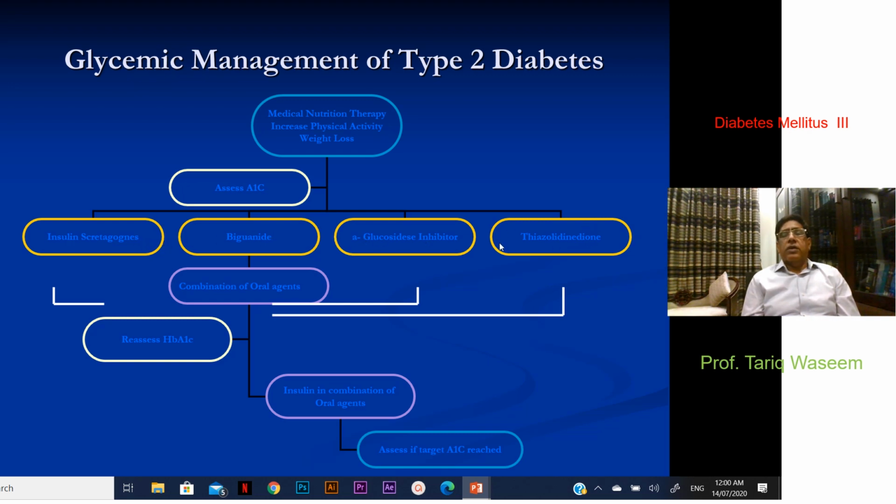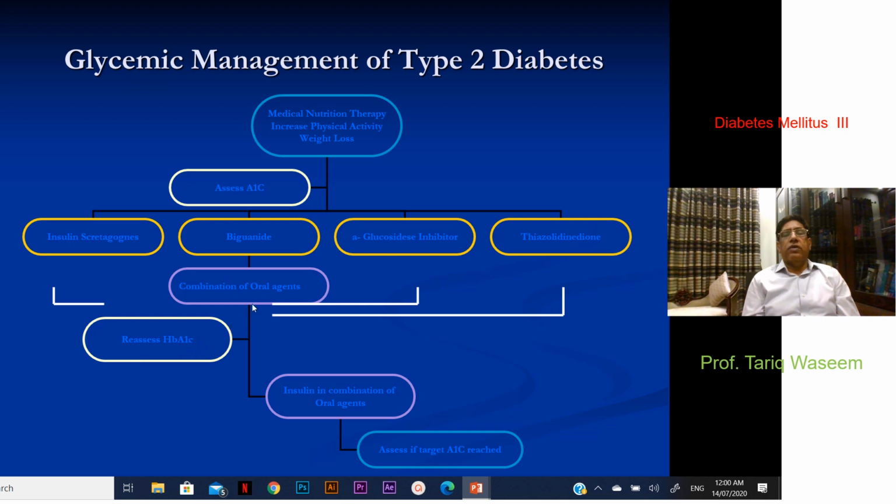Along with this, if you achieve control, that's okay. But if you fail to achieve the control, then you can go on to a combination of these drugs. So you combine these drugs, and then again you reassess whether the target A1C is achieved or not.